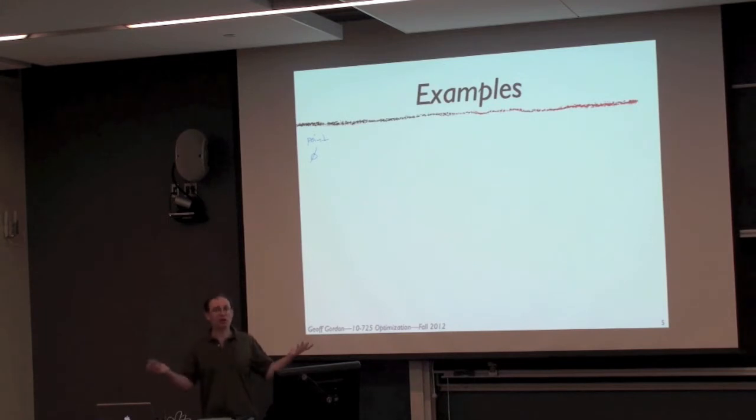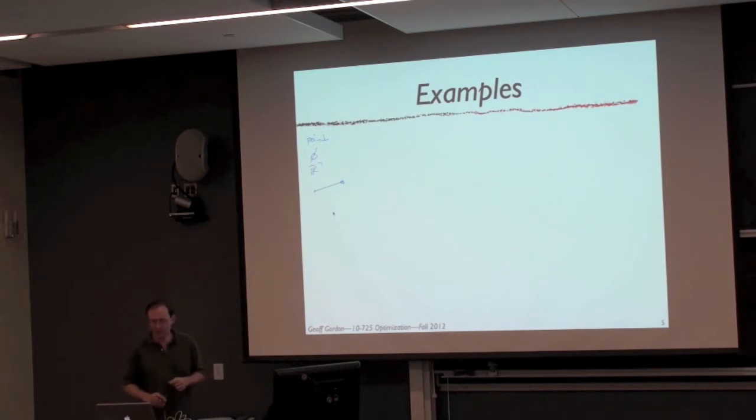How about all of Rn? Is that convex? Yeah, okay, cool. How about just a line segment in Rn? Yes? Cool. How about a cube? Yes? Good.